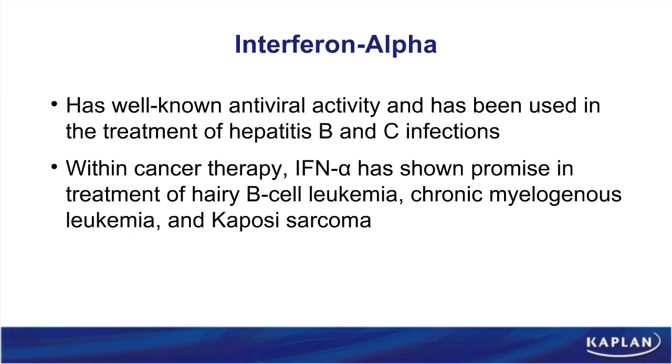As far as cancer therapy goes, interferon alpha has been showing promise in the treatment of various types of leukemias, such as hairy B-cell leukemia and CML, and even Kaposi sarcoma. Kaposi sarcoma, of course, is due to human herpes virus 8. So that makes perfect sense as to why interferon alpha might have some efficacy in treating that particular cancer.